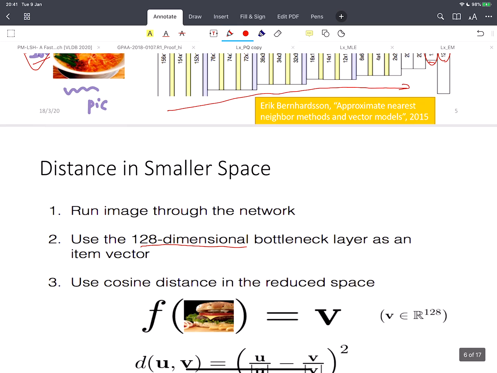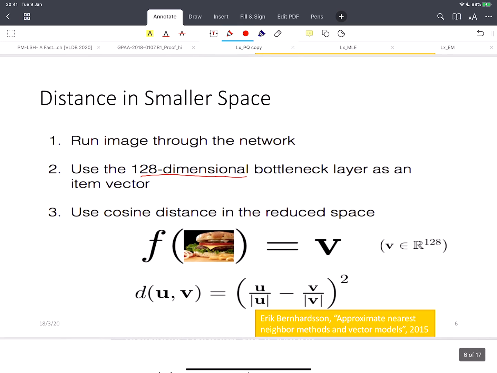And then you can think about this 128 dimension as some kind of features extracted by the model. And the network was trained such that it tries to do the feature extraction very well.